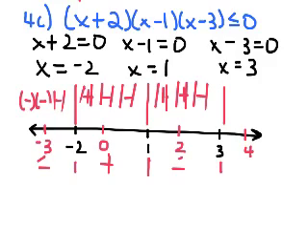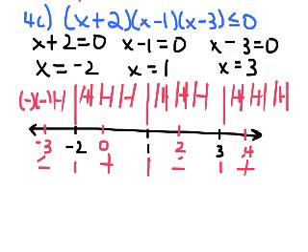Positive times a positive times a negative is a negative. If I put in 4, I get a positive because 4 plus 2 is 6. And if I put in 4 minus 1, I get positive 3. And then if I put in 4 minus 3, I get positive 1. Positive times a positive times a positive is a positive.